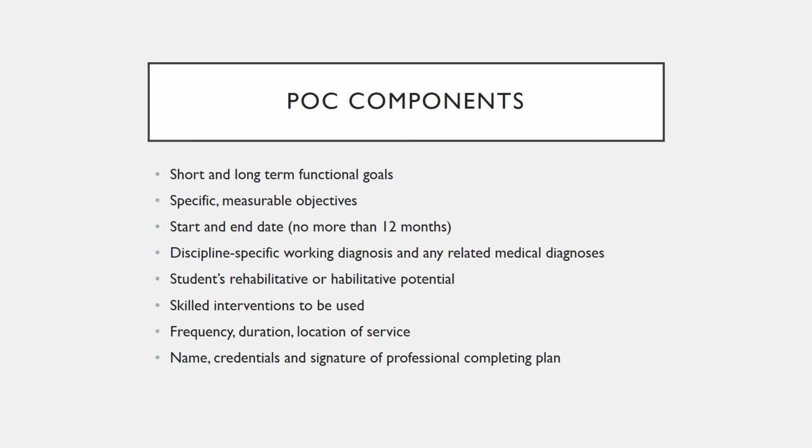The frequency, duration, and location of service should be described in the plan of care, as well as include the name, credentials, and signatures of the professional who has developed and completed the plan. Listeners are encouraged to also read Medicaid Policy 10C requirements for the plan of care.